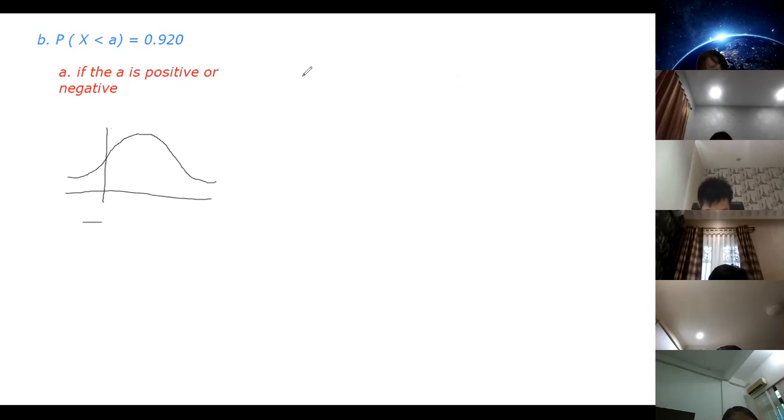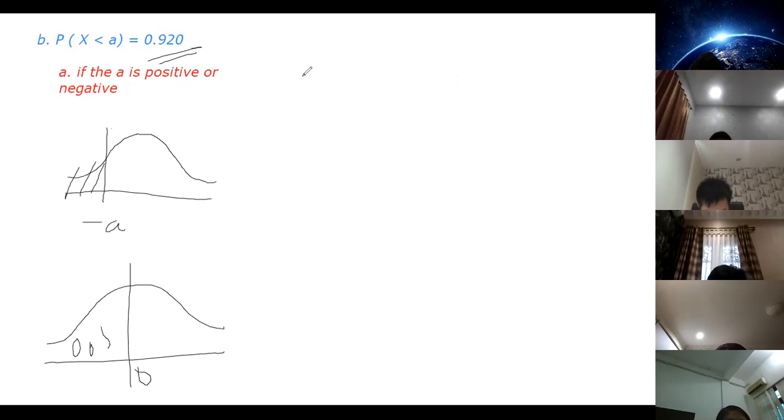So if you go with a negative value, we have to understand the probability should be 0.9. And again, if we cut the portion of the graph into two, the negative portion is 0.5 and the positive portion is 0.5. So it is not possible for the a to be a negative value because the probability is big here.